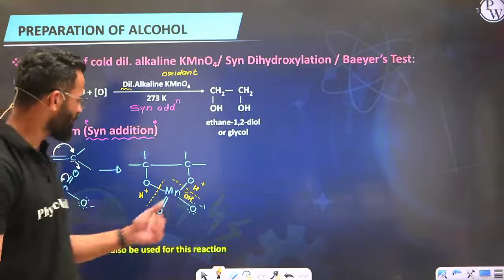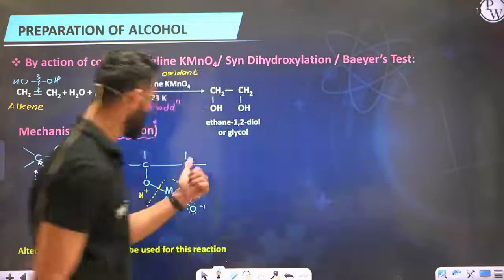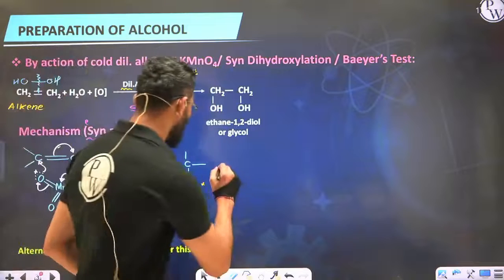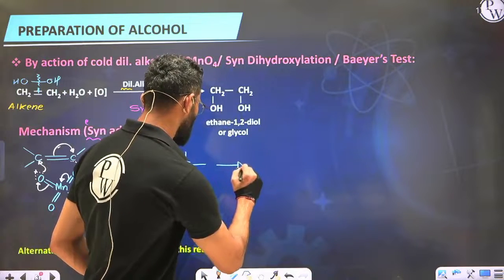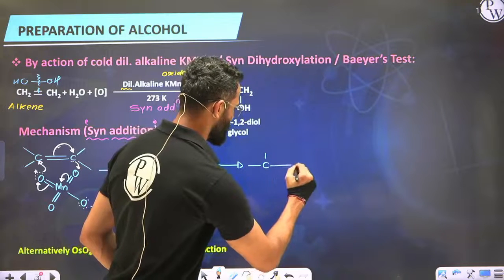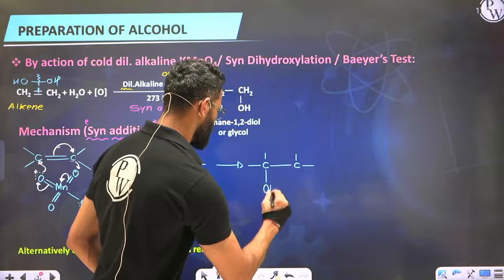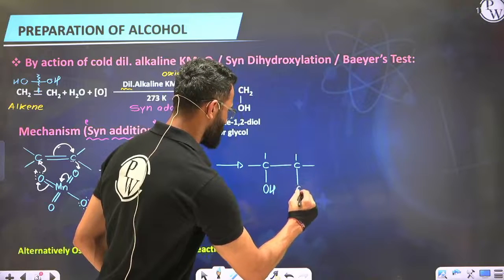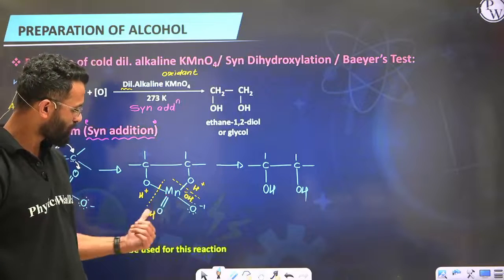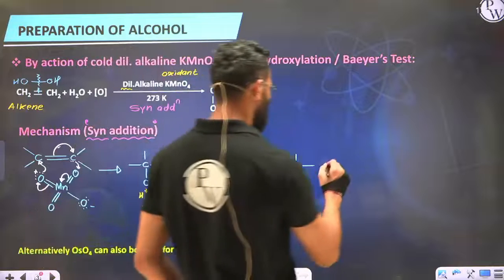So you'll be getting formation of OH and OH, that is two OHs connected to the adjacent carbon atom, forming the vicinal diol. Plus you're going to get H2MnO4 minus.